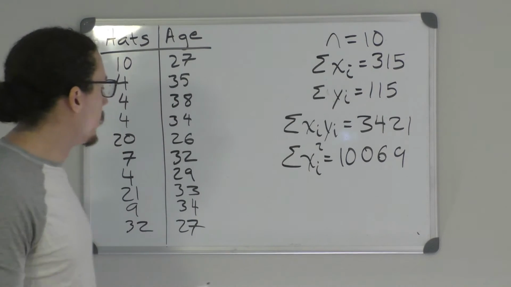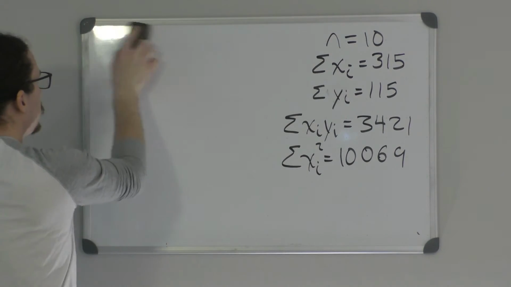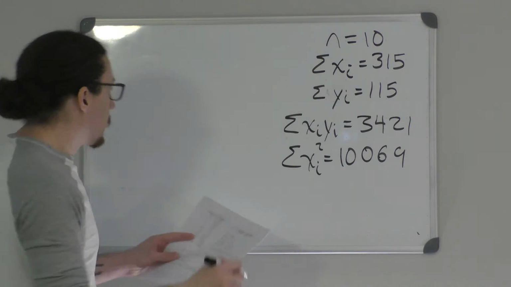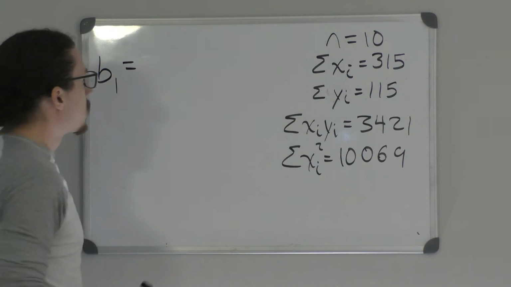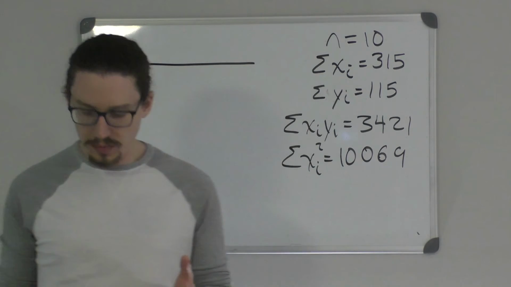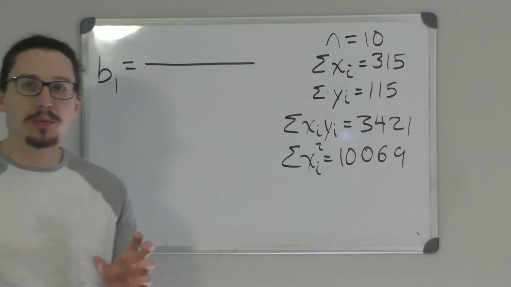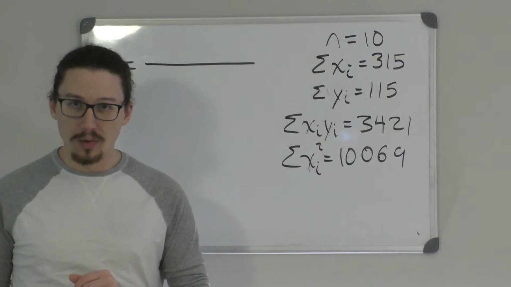All right, I'm going to erase our data so we can leave this information up here. When we start this calculation, we're going to go up to our numerator. The first part is n times the sum of xi yi.